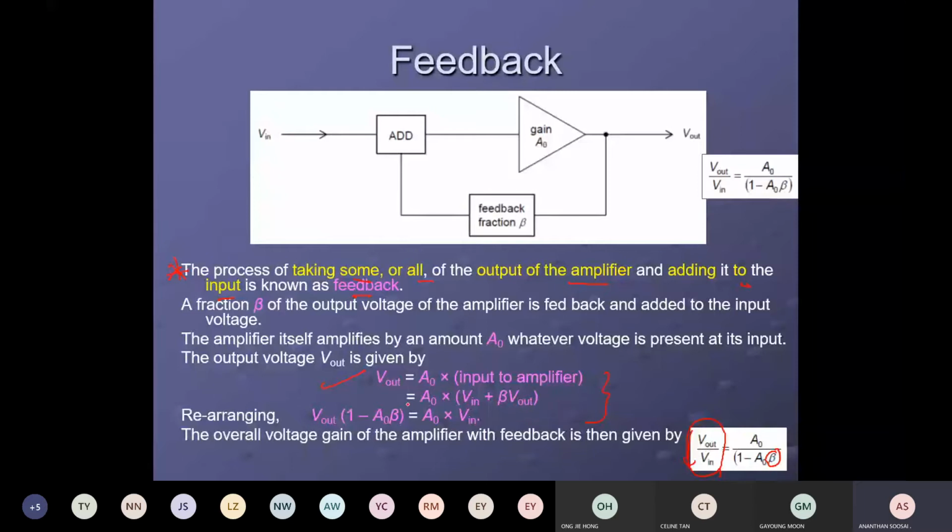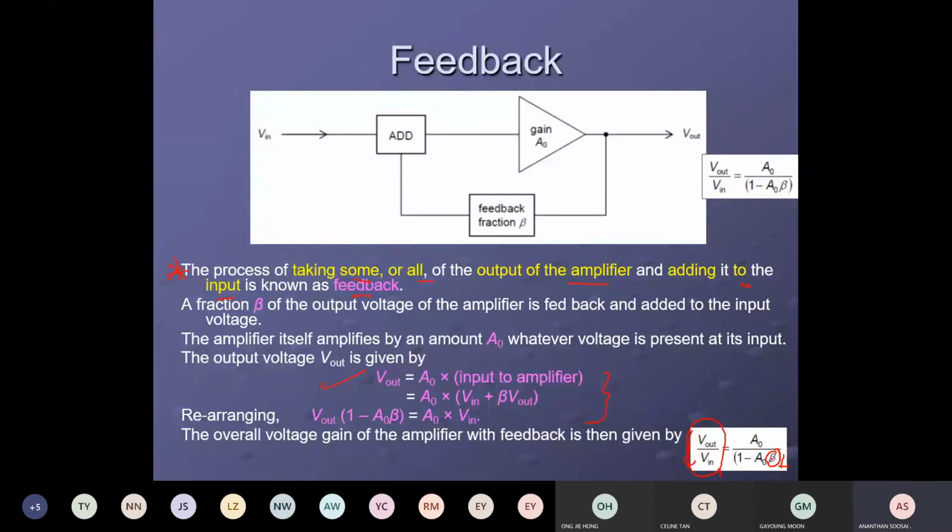When we make V out over V in, we get this formula: A naught over 1 minus A naught beta.